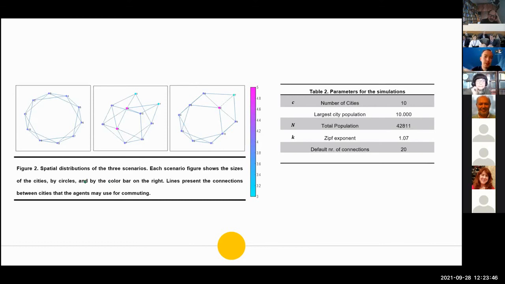This is to simulate how the disease spreads depending on infrastructure. Then you have a largest city population of 10,000. And then the Zipfian, from Zipf, a distribution where the biggest city has the most population, but the smaller ones have less and less.